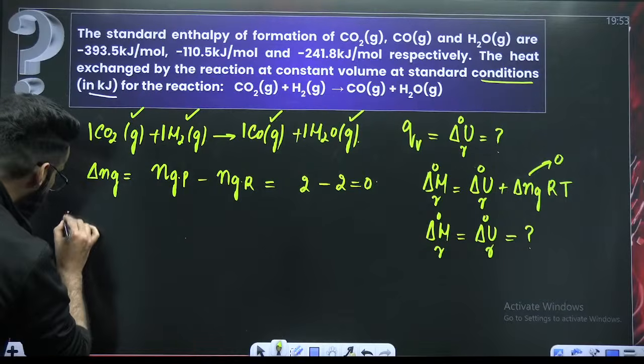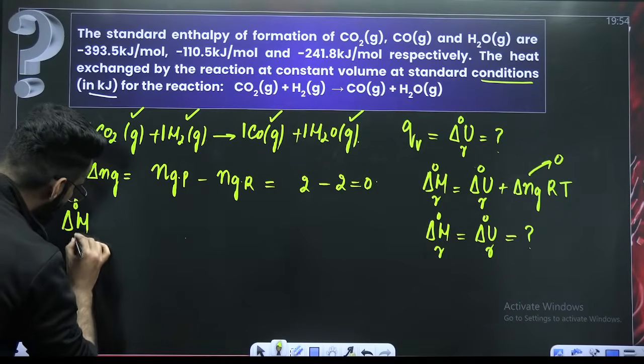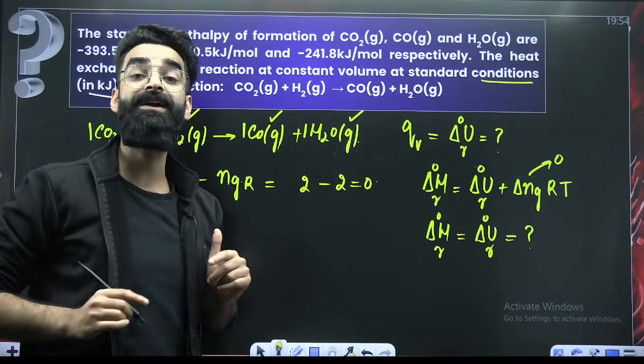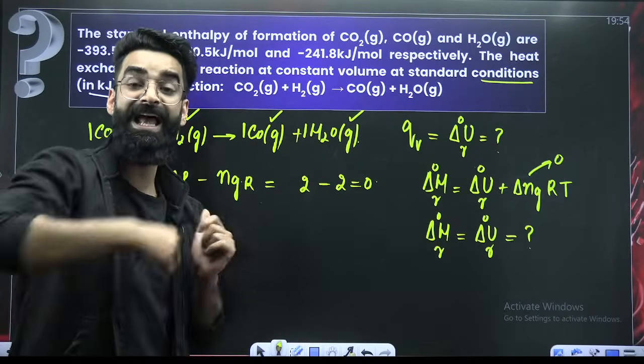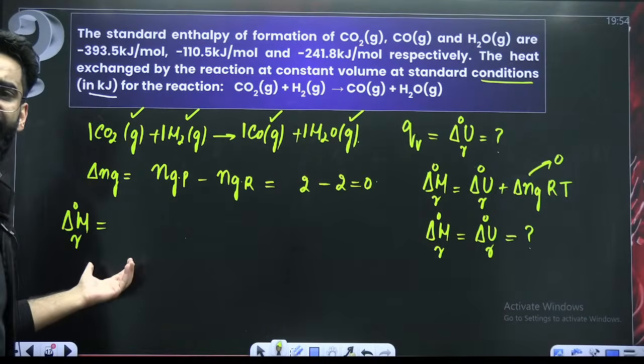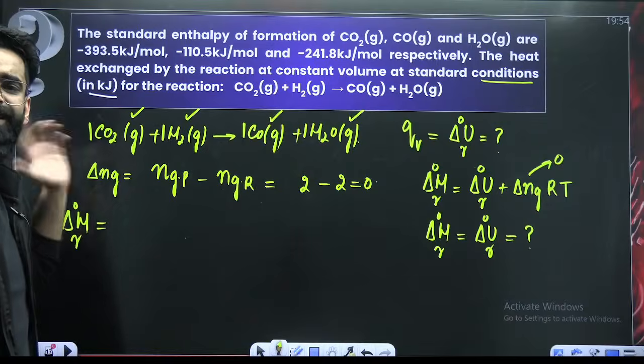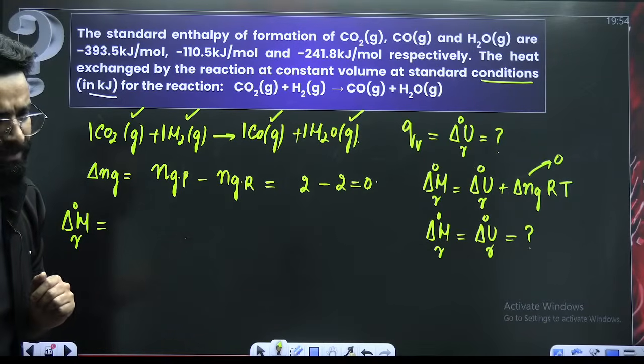And already I have told you, the standard enthalpy of the reaction can be calculated with the help of standard enthalpy of formation: standard enthalpy of formation of products minus standard enthalpy of formation of reactants, right?